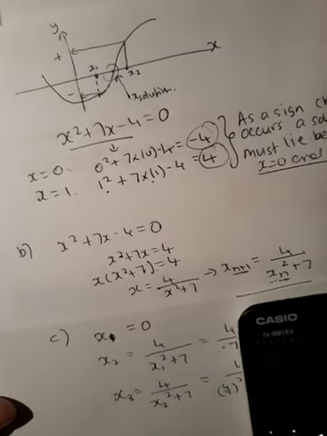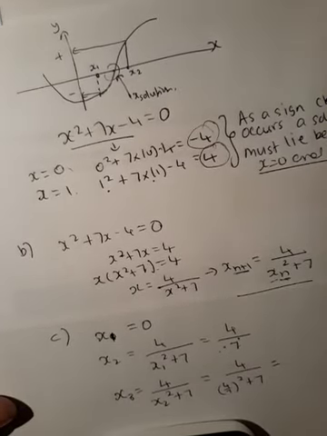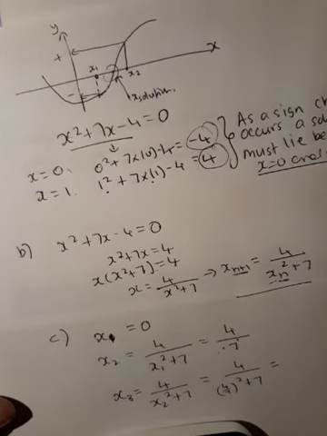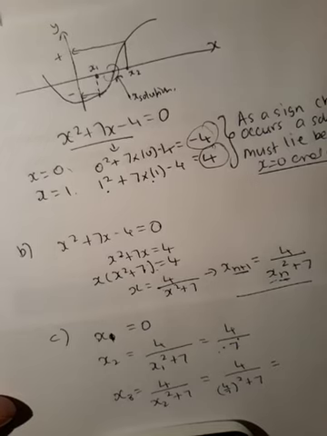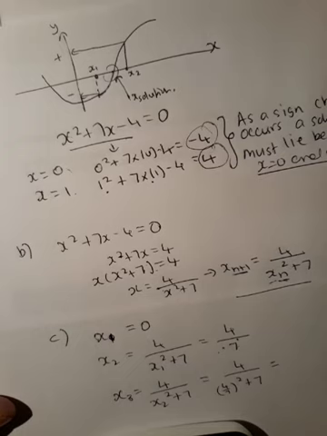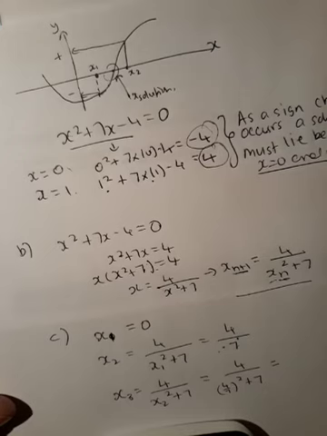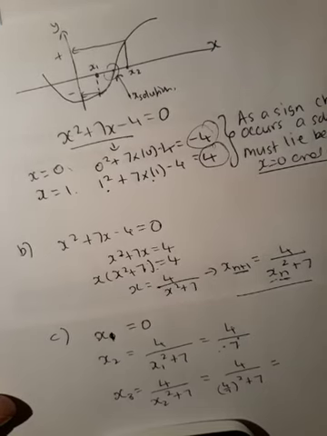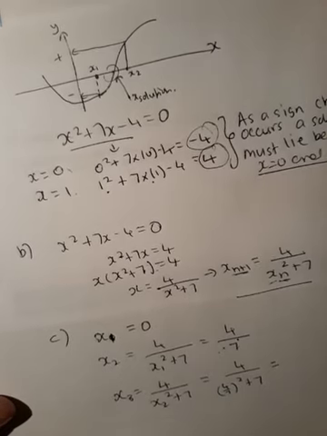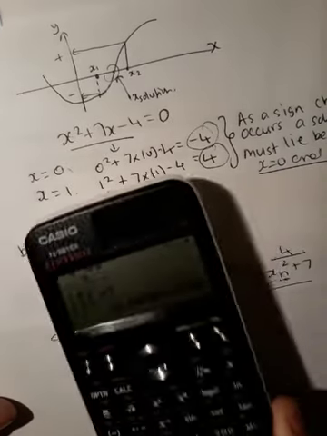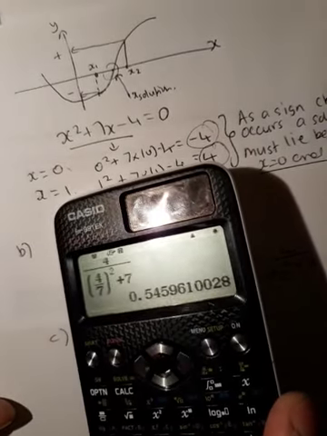So using your calculator, 4 divided by 4/7 squared plus 7, and I'm getting, on my calculator, you can see that very clearly, that's the answer I'm getting.